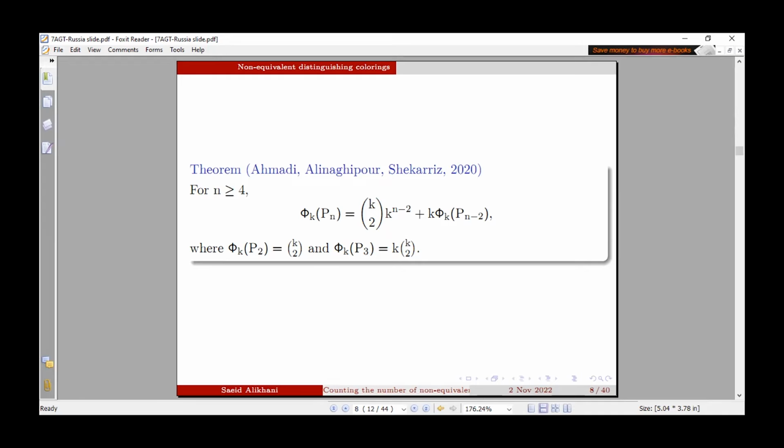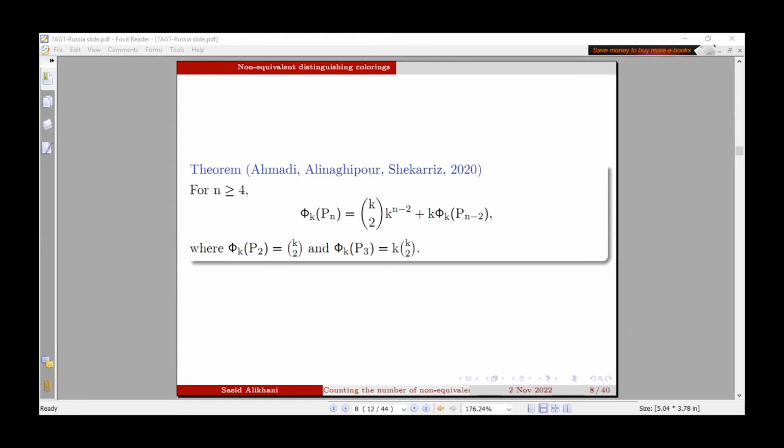I think it's not bad to say something about the proof. I would like to prove that capital phi sub k of the path Pn is equal to k choose 2 times k to the n minus 2 plus k times capital phi sub k of P(n minus 2).